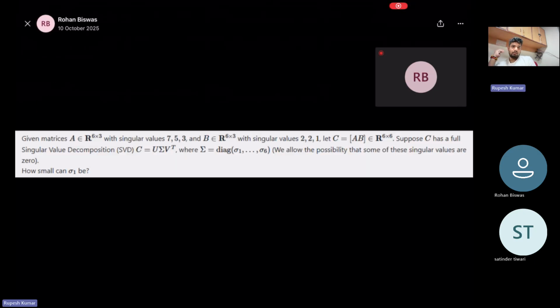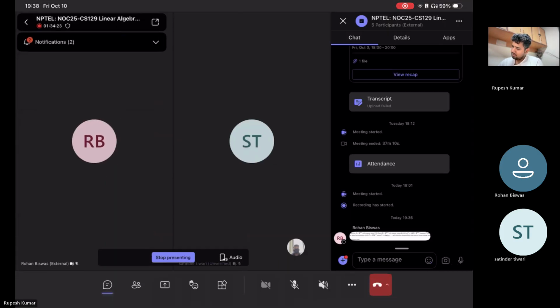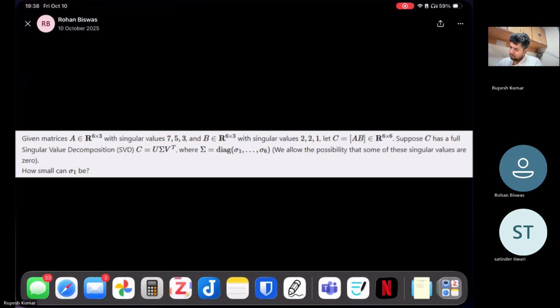Given matrices A is 6 cross 3 with singular values 7, 5, 3, B is 6 cross 3 with singular values 2, 2, 1.